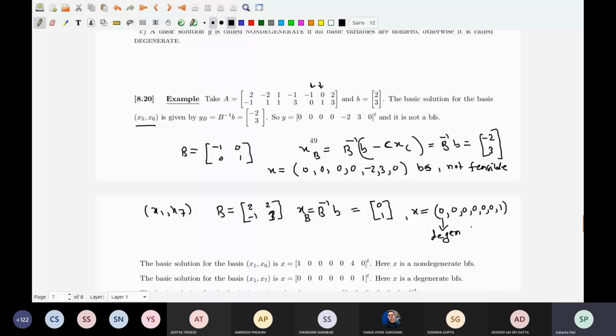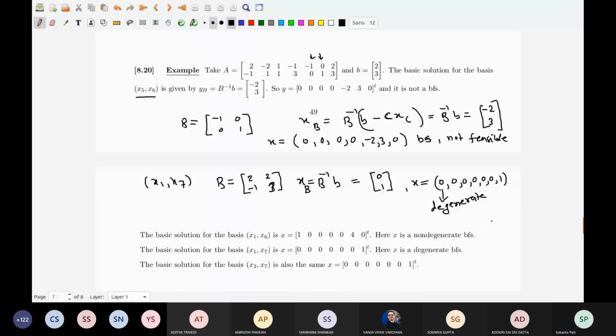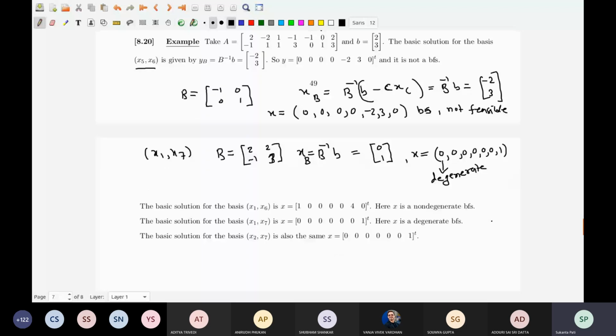Similarly, you can consider this thing. By the way, if I had taken the x2, x7 basis, I would have also got the same physical point. One single vertex, I will have to show it is actually a vertex, but nevertheless the same solution of the system Ax equal to b may be obtained via 2 different bases.